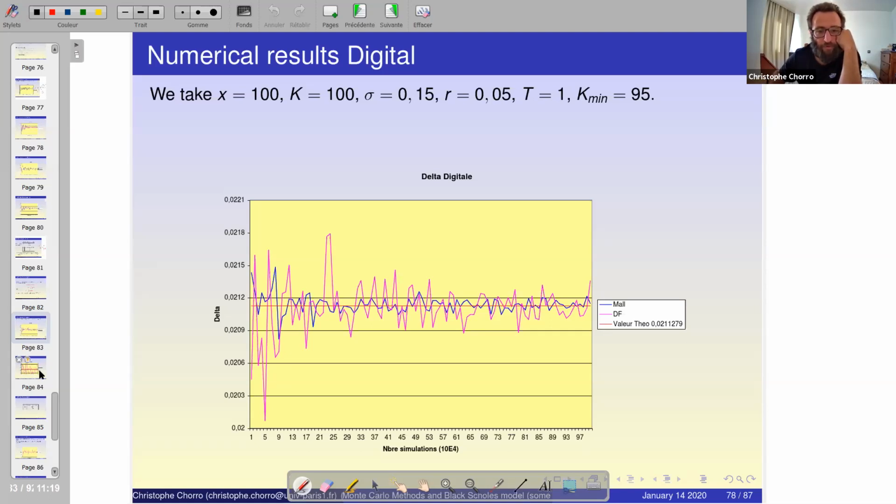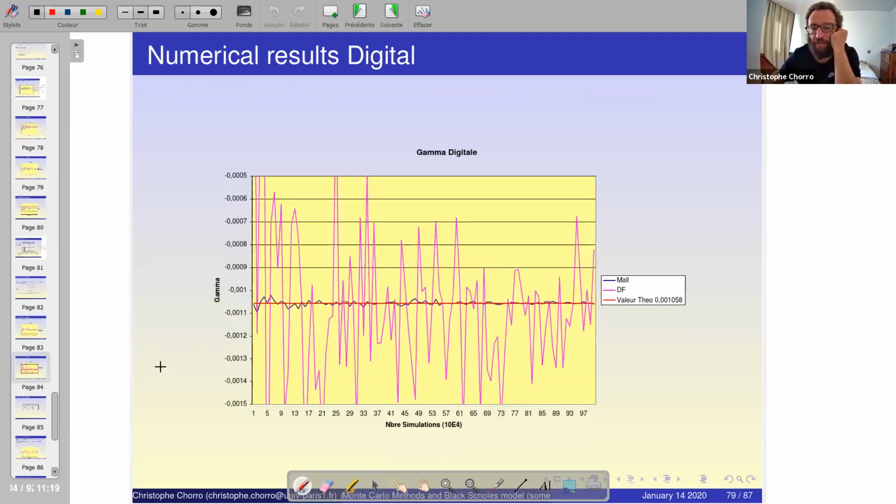Let's see what happened for the gamma of such an option. And here it starts to be interesting. You have in blue the approximation you get using the result of slide 66, and in pink the naive approach. And here you start to see that the blue seems to be better and better than the pink one.